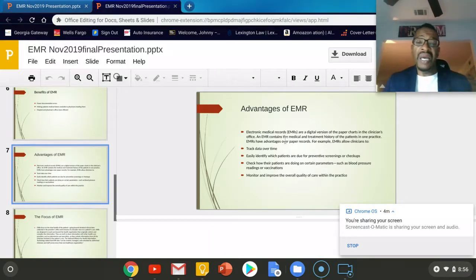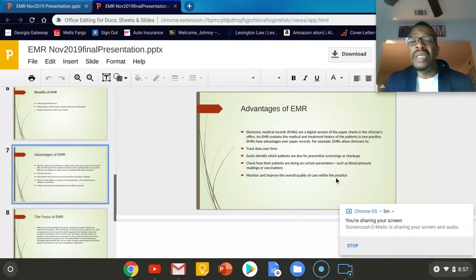Slide 7, just talk a little bit about the advantages of the EMR. The electronic medical records are a digital version of the paper charts in the clinician's office. The EMR contains the patient's medical treatment history. It has its advantages over the paperwork.